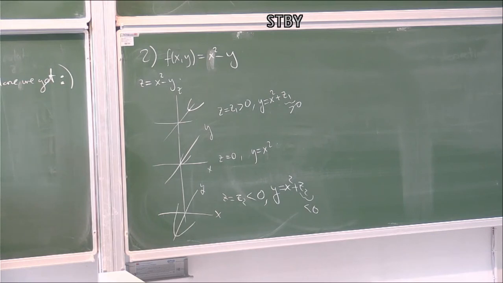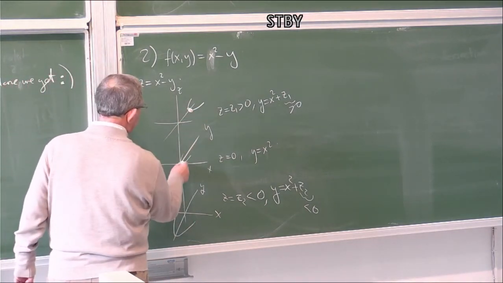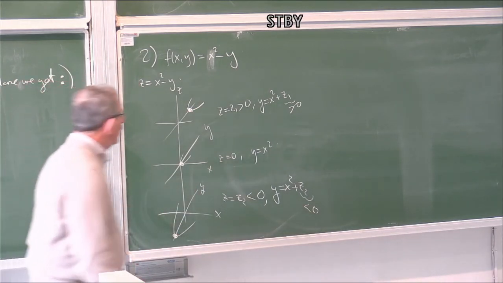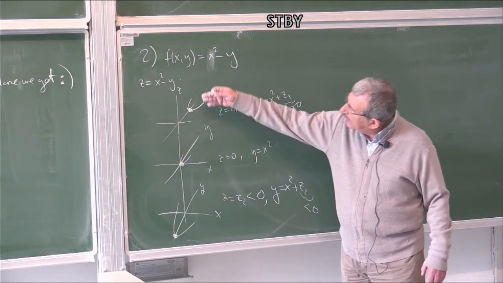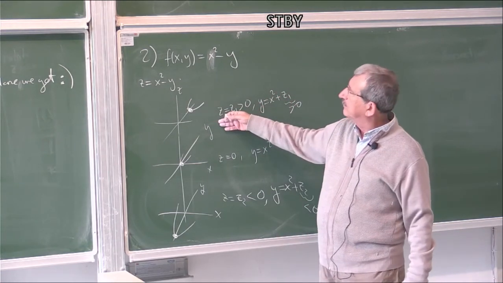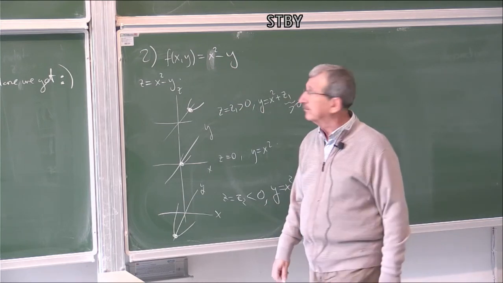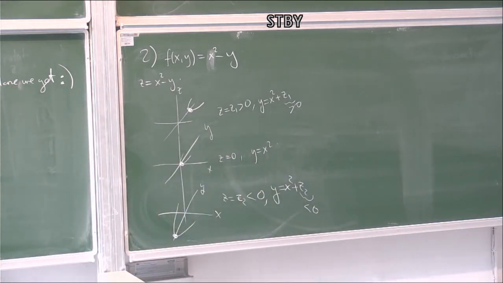Now, if you connect these endpoints together, you will see that they are the intersection of the surface with the zy plane. That is x is 0. So the points, let me color them a little bit.